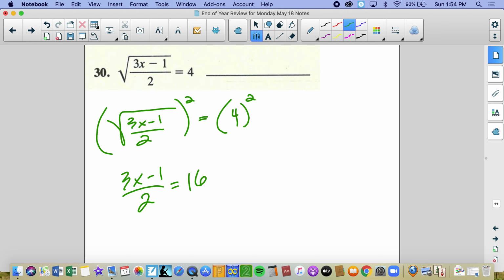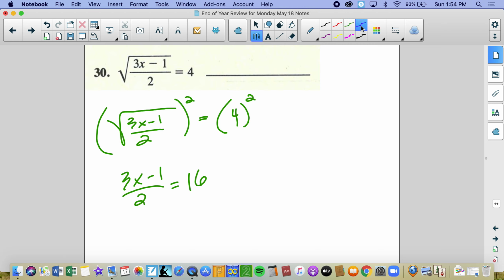And now we can solve for the variable. There's a number of things happening to this variable. 1 is being subtracted, 3 is being multiplied, and 2 is being divided. We can't get rid of this negative 1 because this 2 is under both of them. So we have to actually get rid of the 2 in the denominator first.